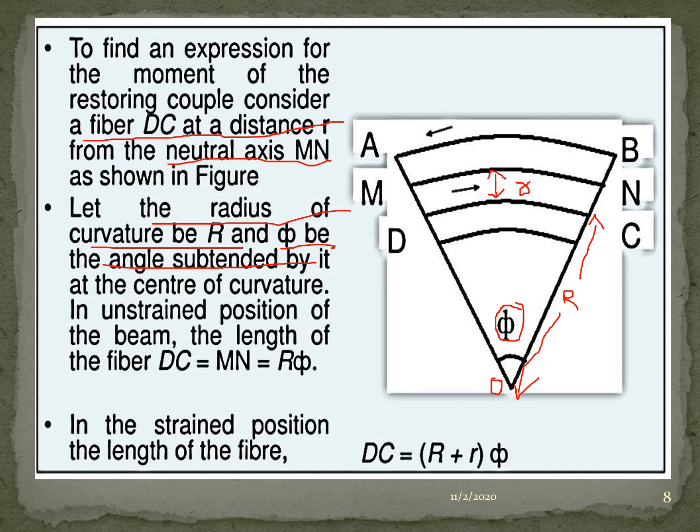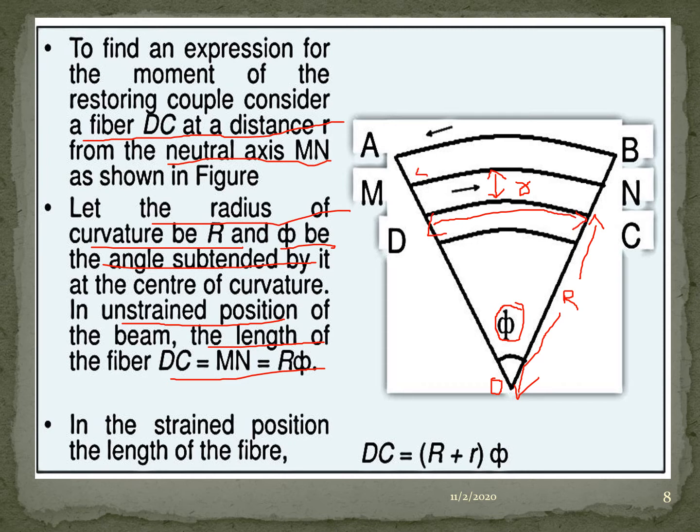Now, in an unstrained position, the length of the arc Mn will be equal to DC, which is equal to R phi. So, this is what you mean by the Mn, and this is what you mean by DC.